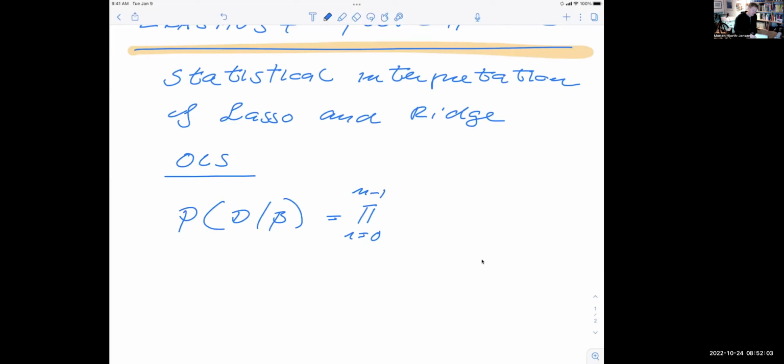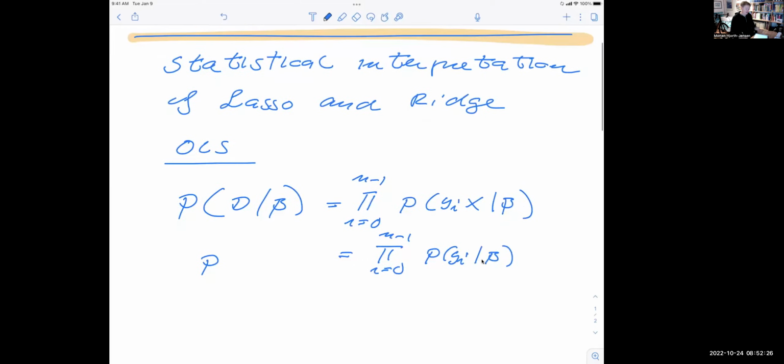These are all the events which we have. And then we have a P of y, and I'm just writing this as x in a generic way, with a given beta. This is something which we're going to shorten a little bit in the notation. We're just going to write this as P of y_i. We exclude the x's and just write this with the parameter beta.